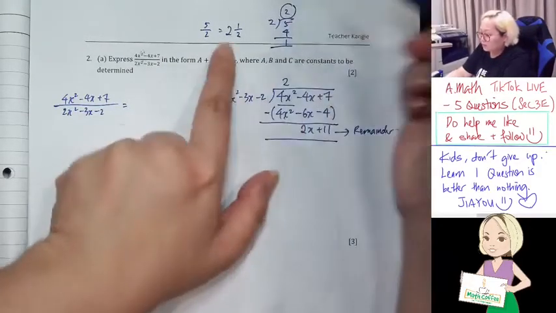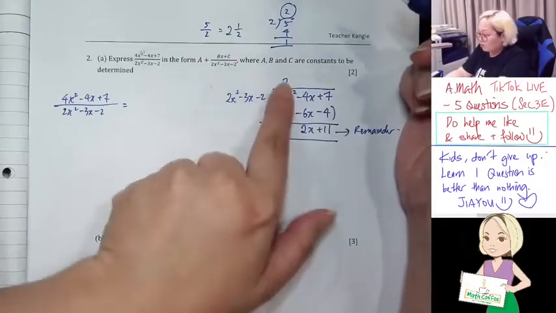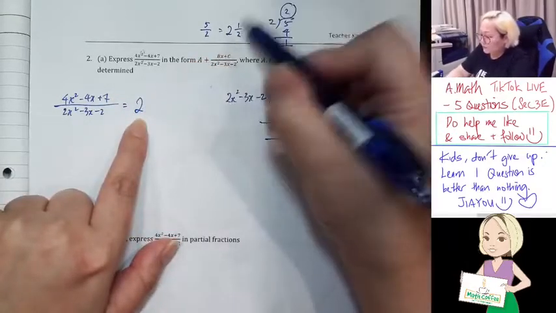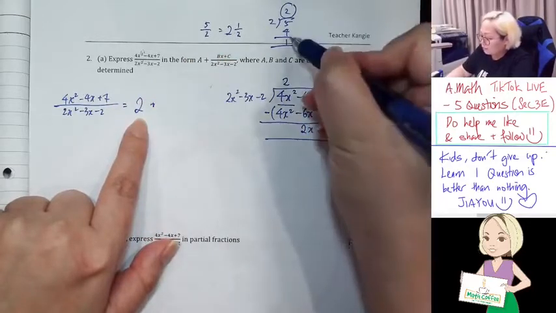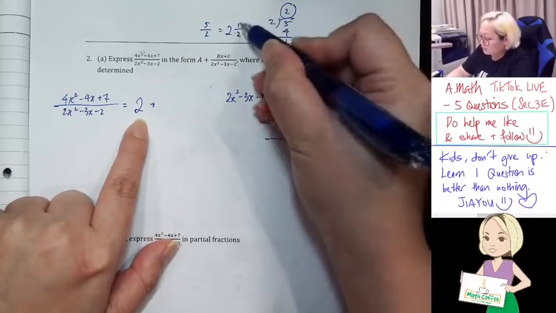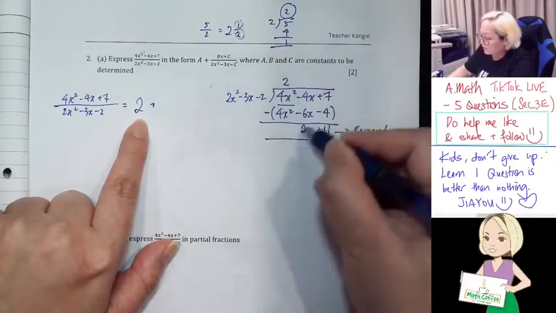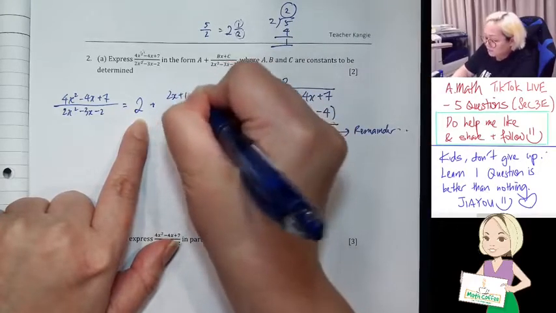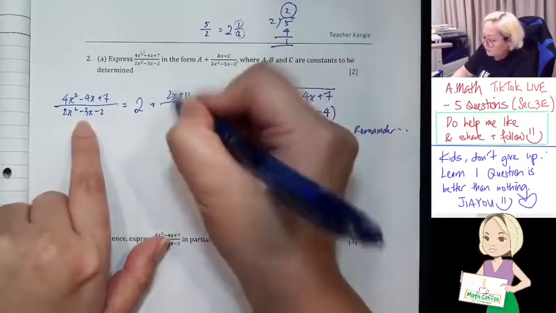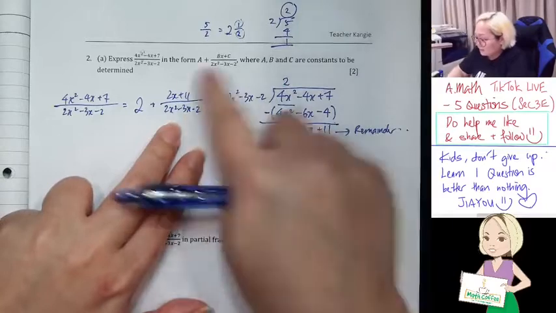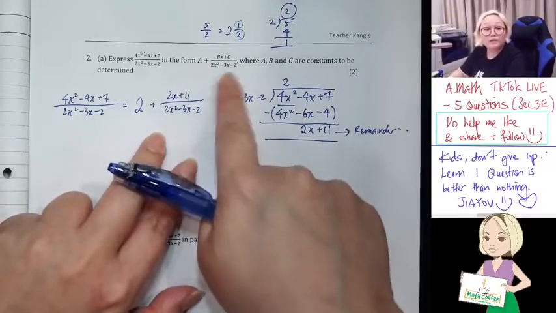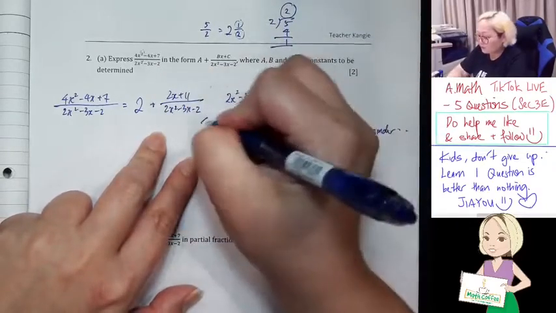Same thing, quotient 2. So I put 2 here. This is 2 plus a half. Same thing, I put 2 plus remainder over divisor. Remainder over divisor. So same thing, remainder over divisor, which is this one, 2x squared minus 3x minus 2. So I've done the first part because they only asked me to put it in this form. Okay, so we are done with the first part.